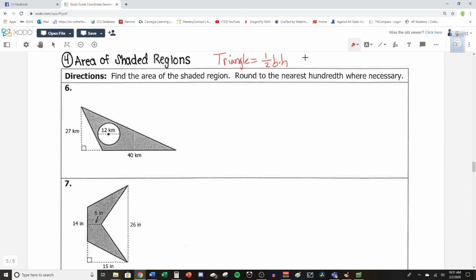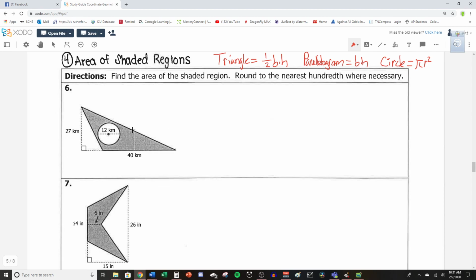So we'll say parallelogram is base times height, and then a circle is pi r squared. So those are the formulas that are important to remember here.